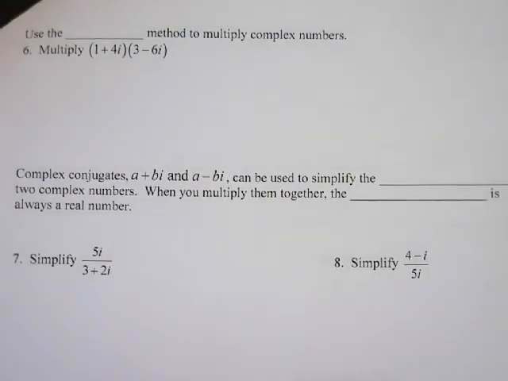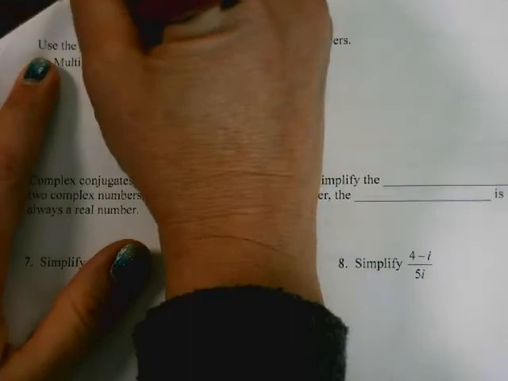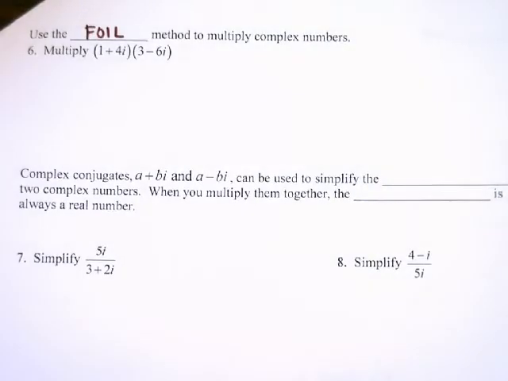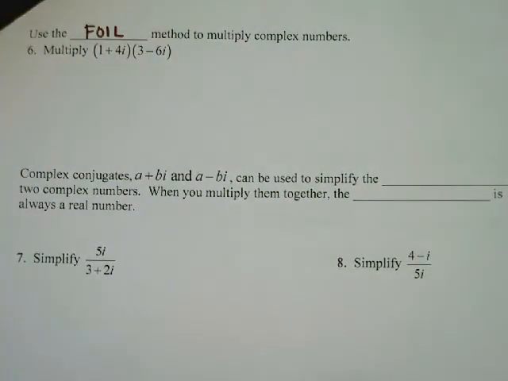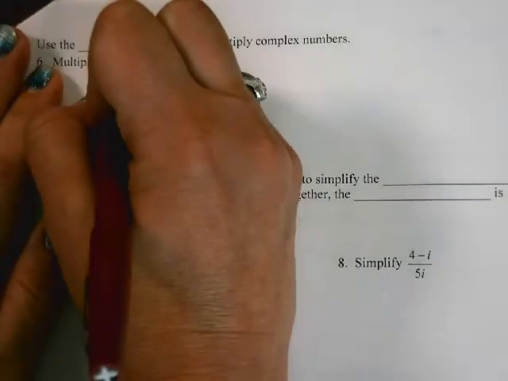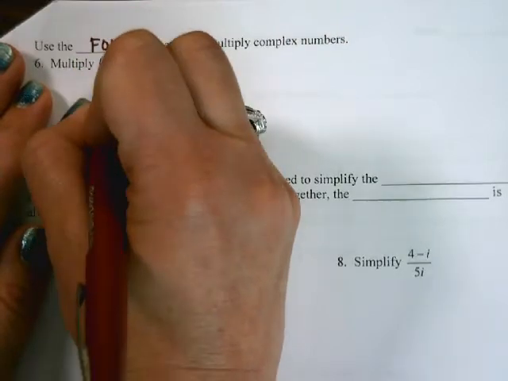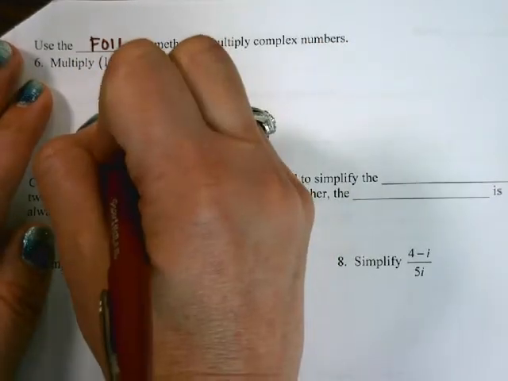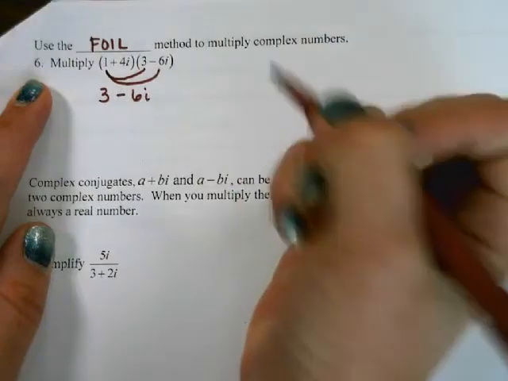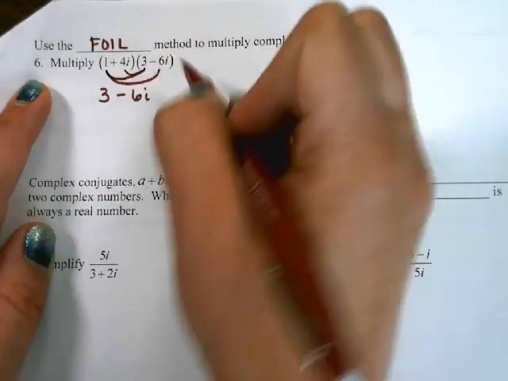The cool thing about i's is they behave like variables once you get them down to having only one exponent. So when you turn the page, it says use the FOIL method to multiply complex numbers. So like I said, they behave just like variables. So here we go. First ones. 1 times 3 is 3. 1 times minus 6i is minus 6i. 4i times 3 is 12i.